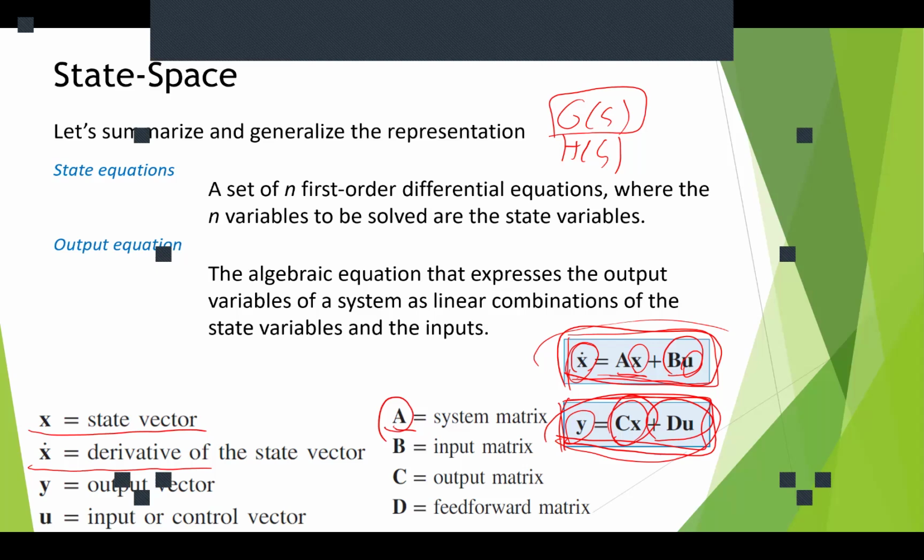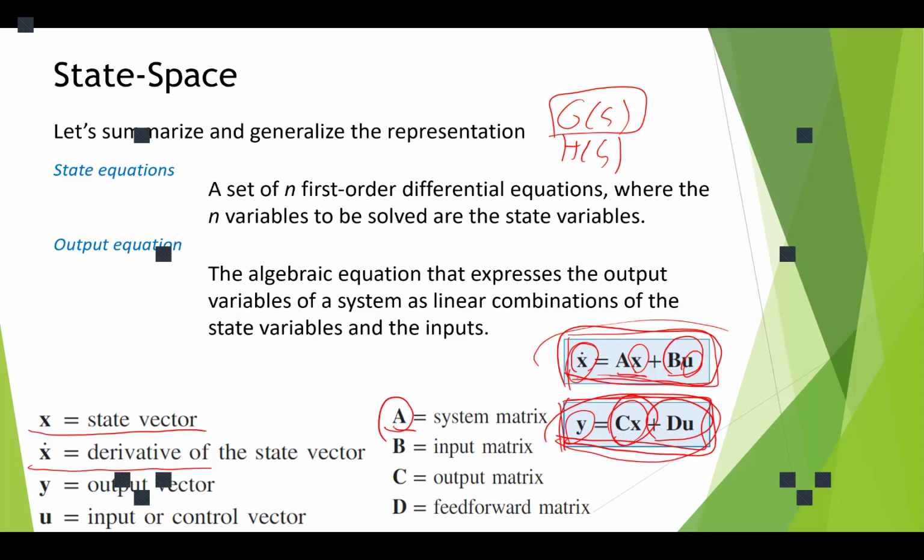That means in time 0, the u is 0. So the whole differential equation depends on matrix A. Make sense? So matrix A is basically the matrix that describes the dynamic of your system when you don't have an input and you don't have any initial condition.